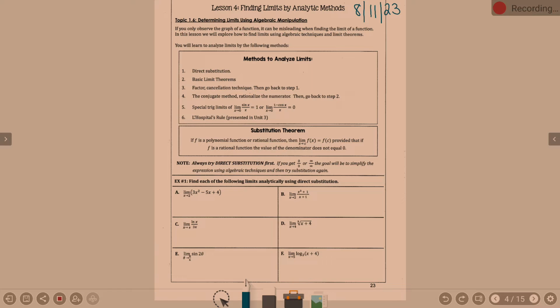So that means we can just plug this 2 in and get our answer, because the limit from the left and the limit from the right is going to be whatever that 2 value is. So 3 times 2 squared minus 5 times 2 plus 4. What are you getting? 12 minus 10 plus 4 is 6.